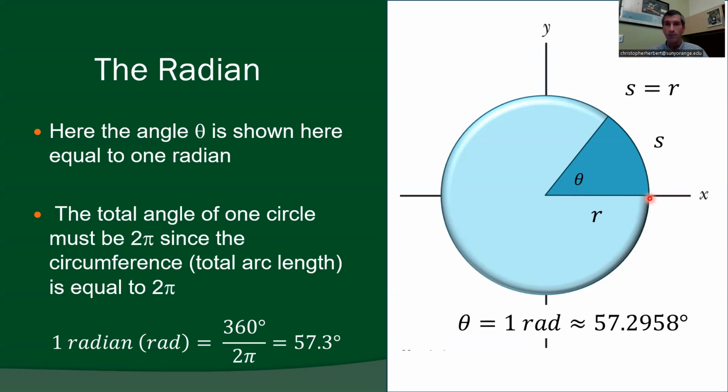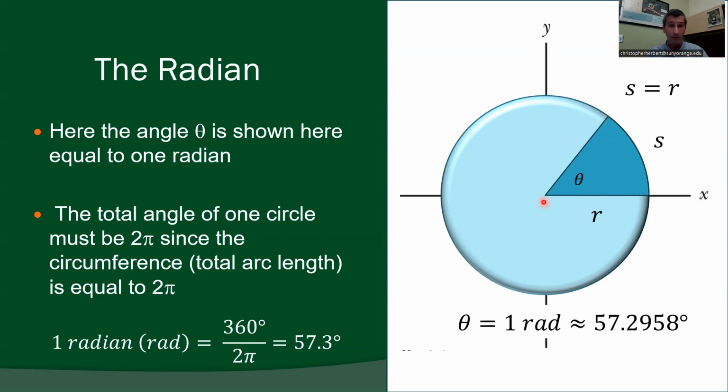Okay, so 2 pi radians represents a full rotation. 1 radian represents a rotation such that, if we're on the outer edge of a circle, we've moved an arc length distance s equal to the radius of the circle.